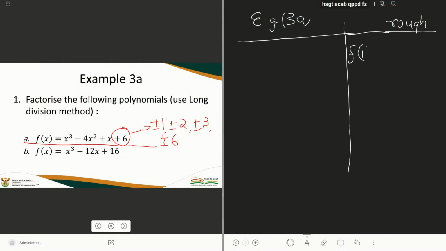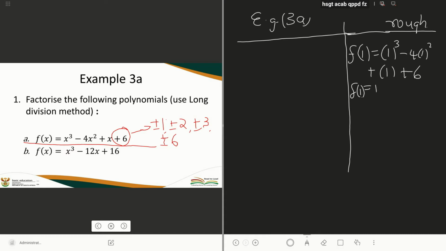F at 1 is equal to 1 cubed minus 4 into 1 squared plus 1, brackets are very important, plus 6. Therefore, what is your F at 1?